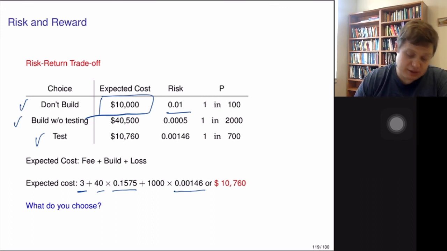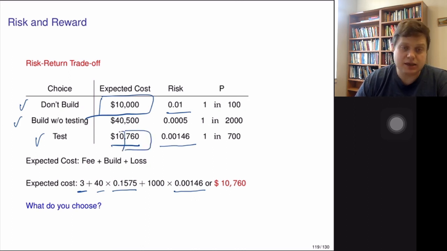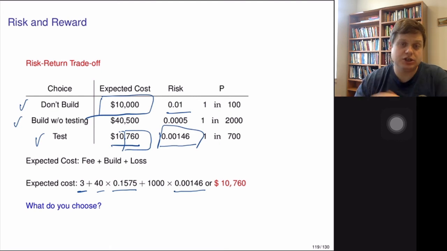Now, this option, although it costs slightly more, so it's $760 extra, but you're actually reducing your risk a lot. You go from 10% risk to 0.1% risk. And you can think of this $760 as insurance premium. So you basically pay $760 to reduce the risk of losing large chunk of your property.